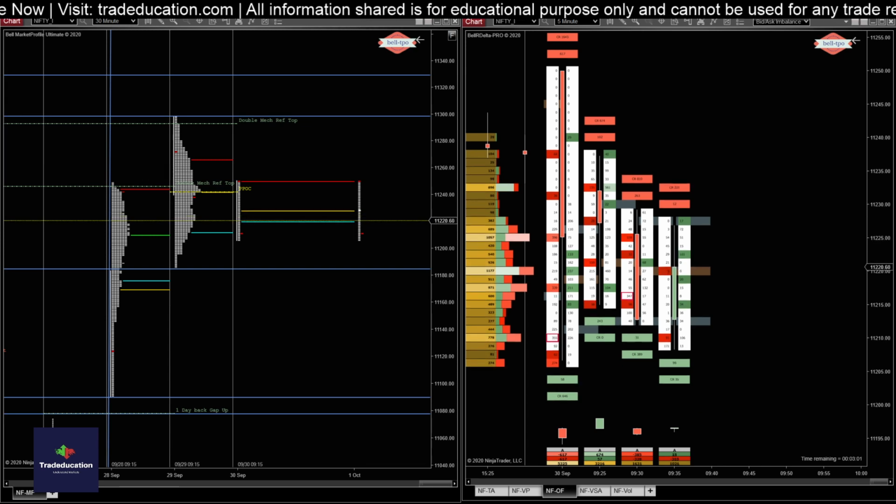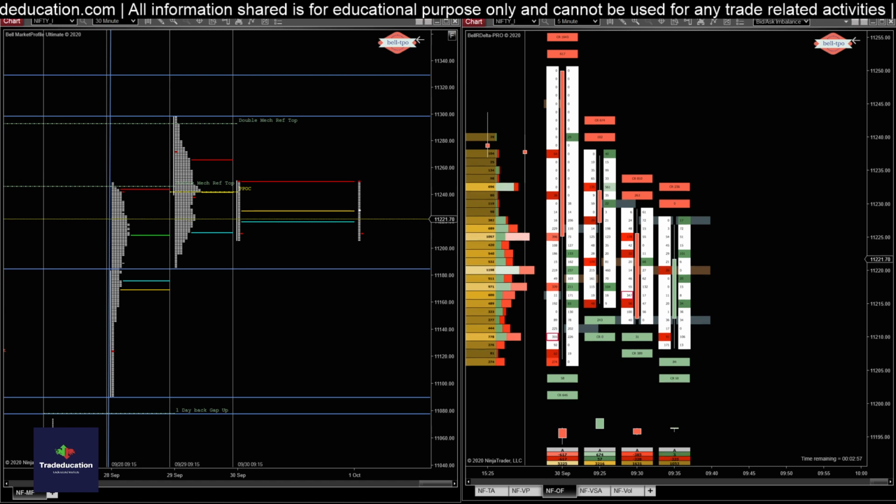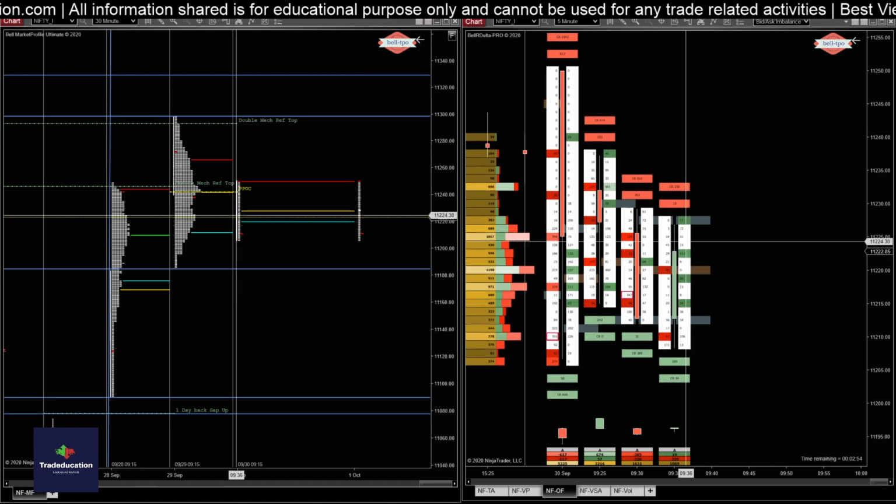Okay, so sellers are stepping in now. You see the wick getting formed. This is the wick I'm talking of.